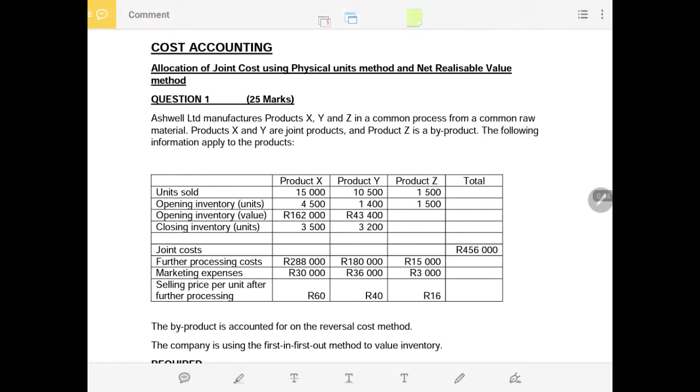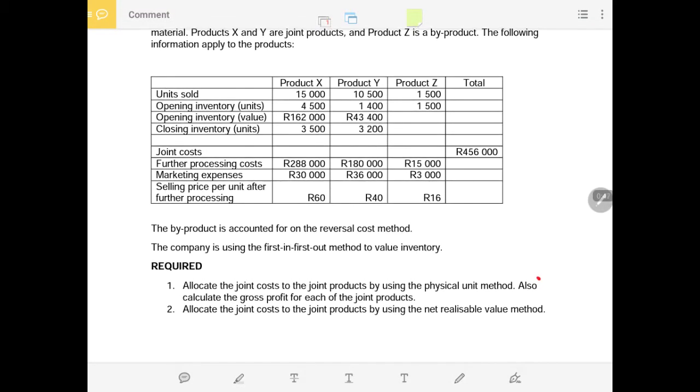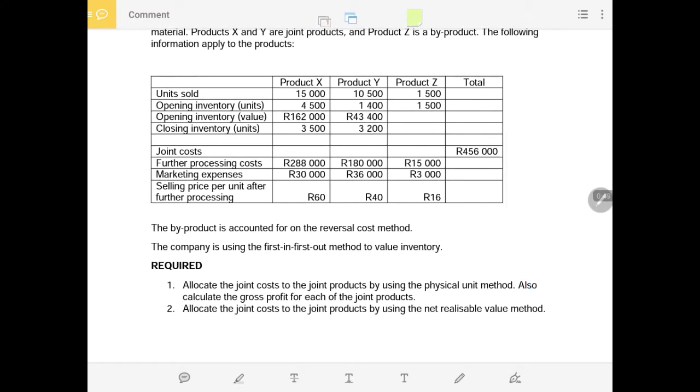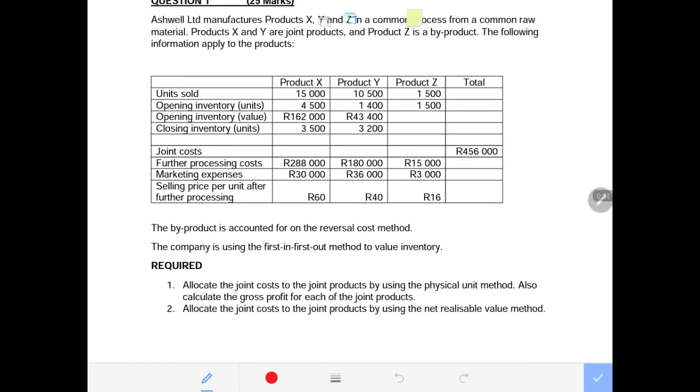Now we are required to go to our requirements first. We are required to allocate our joint costs to the joint products by using the physical unit method, and also calculating the gross profit for each of the joint products.